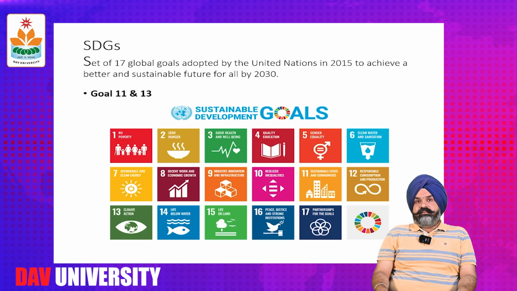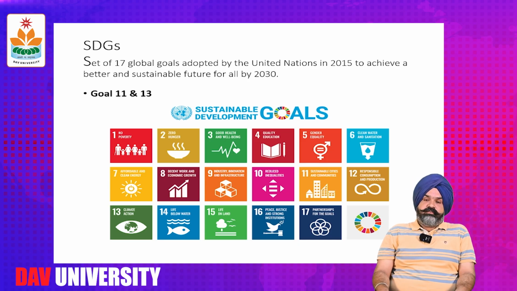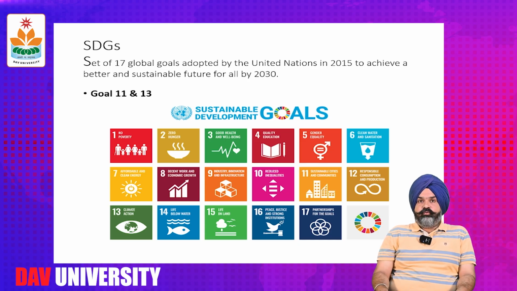Now, these are the Sustainable Development Goals. There are 17 SDGs given by the United Nations in 2015 to achieve a better and sustainable future by 2030. There are 17 goals, but goal 11 and goal 13 are most important, and they are purely in the field of disaster management and resilient infrastructure.